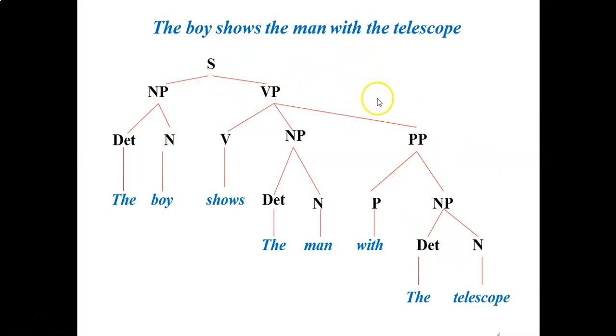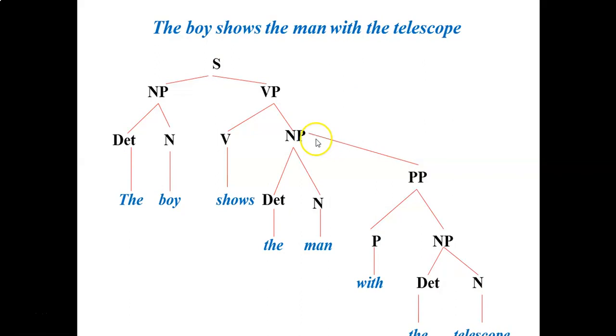Maybe the question is, why is the PP embedded in VP, not NP? Can we do that if PP belongs to NP, the noun phrase? Of course we can, but it will have a different sense. From this sentence, the boy shows the man with the telescope, it means how does the boy show the man? With the telescope, so with the telescope belongs to the verb, V. How about if the structure is like this?